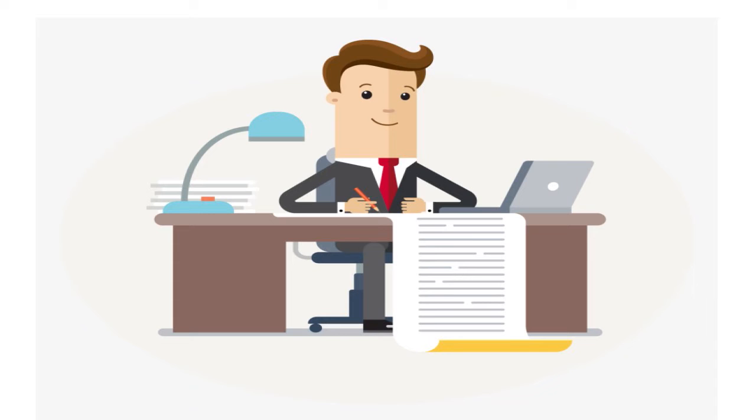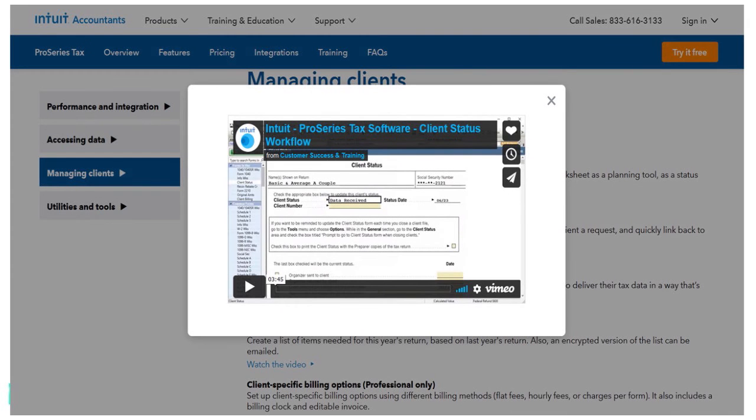So with managing clients, you're able to access e-file status, the client status, missing client data, the Intuit link, the client checklist. You have client specific billing options. You have client presentation, client advisor, a tax planner.